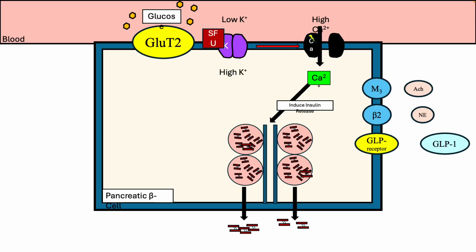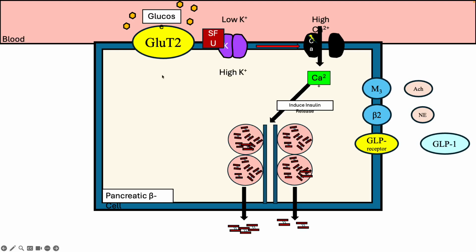Sulfonylureas in this case are very selective for this potassium channel, but other drugs that we'll learn, even like blood pressure meds that bind to potassium channels, can also bind this one. But these are pretty selective for this potassium channel.